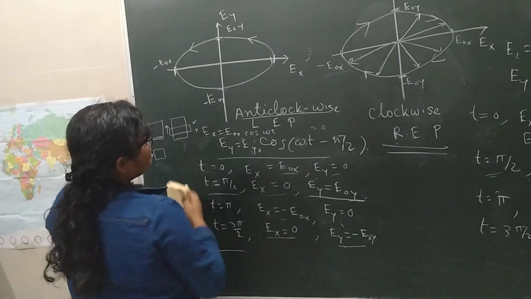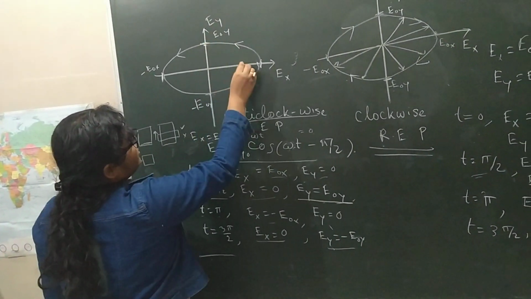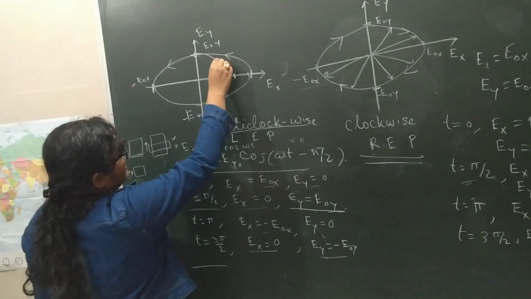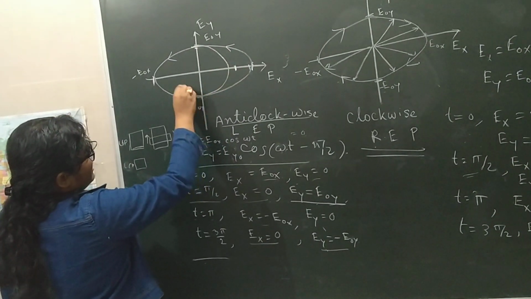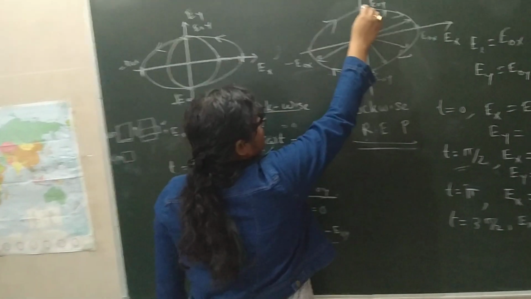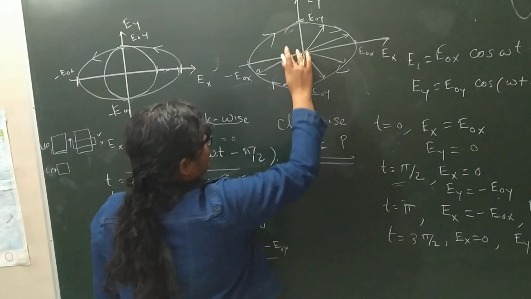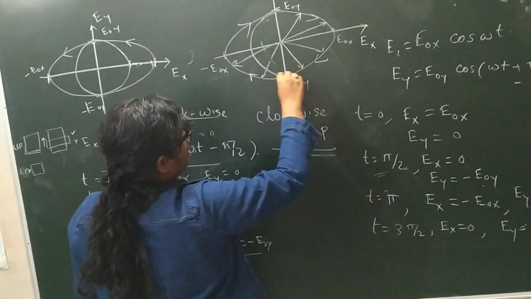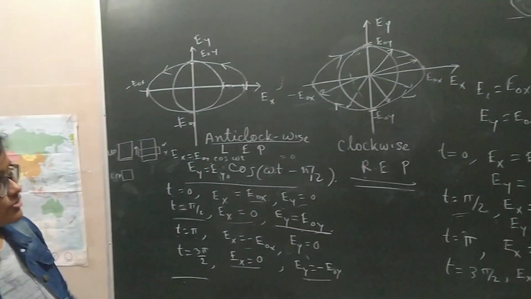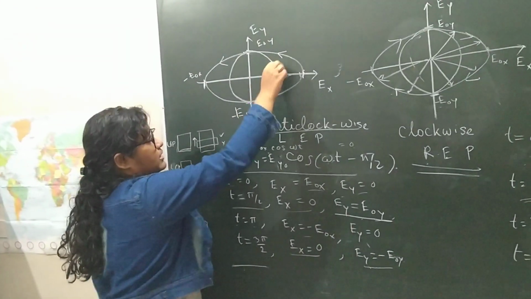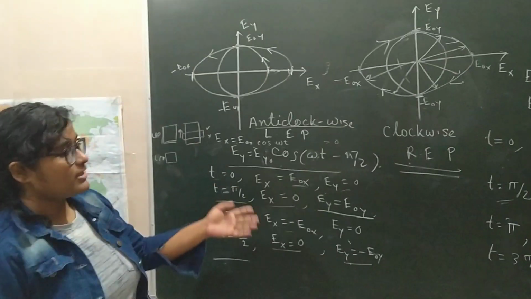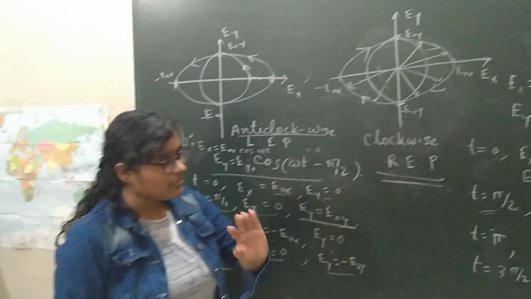Now I told you, whenever E naught y equals E naught x, that is, both magnitudes are the same, then the elliptically polarized light will be circularly polarized light. So this is the circularly polarized light when both magnitudes of the electric field are the same. And to find out right circularly polarized or left circularly polarized light, you do the same thing that I have explained.